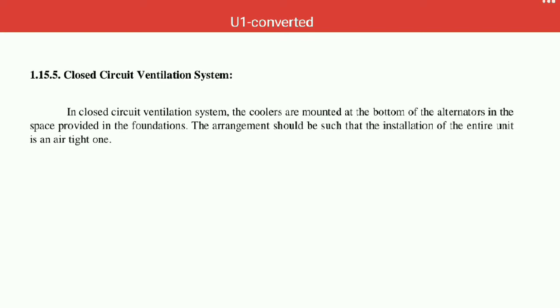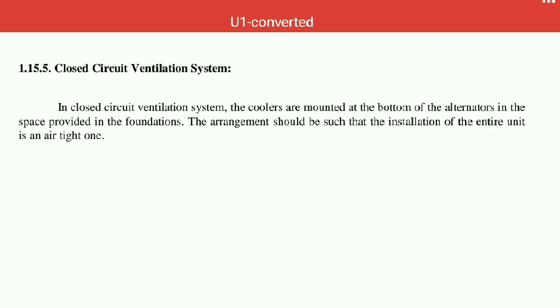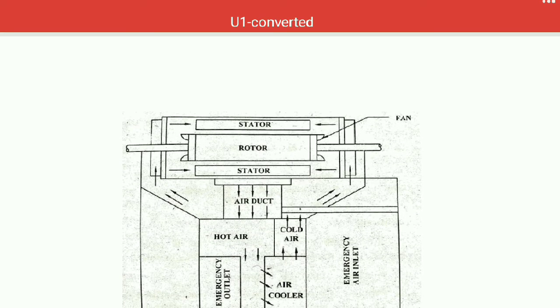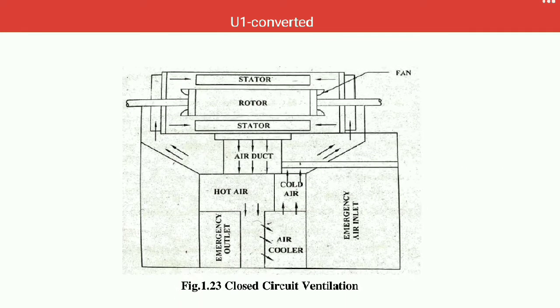This ventilation is particularly used for large turbo alternators where conventional cooling methods don't work. And here in particular we are using hydrogen as the coolant medium, and this setup is arranged below the basement of your alternator. Here the hydrogen is kept at a pressure higher than that of air so that it doesn't combine with air and affect your cooling.